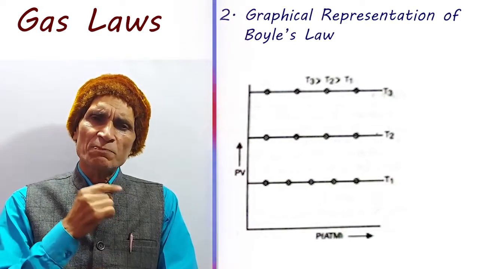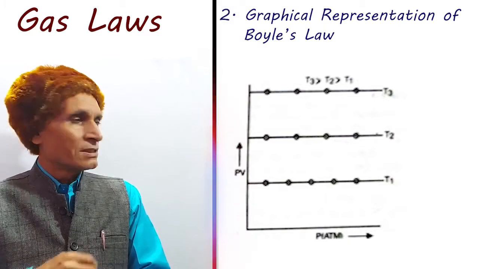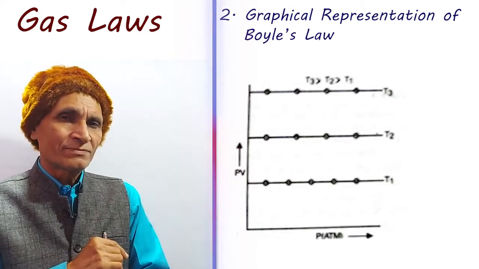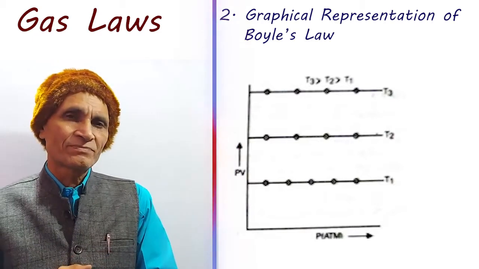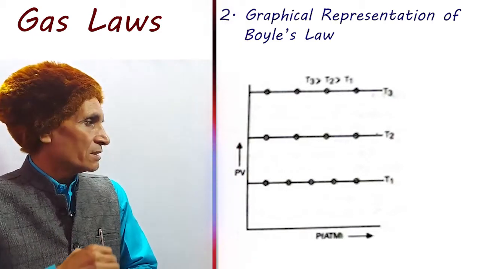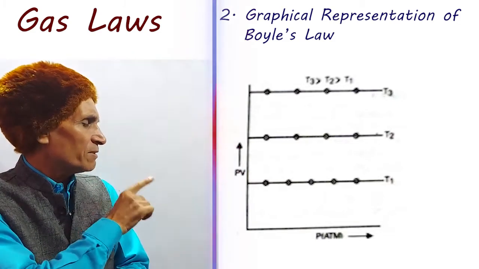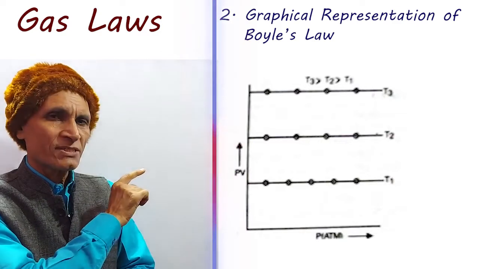This graph also represents that the product of pressure and volume at constant temperature is constant. The product of volume and pressure of a given mass of a dry gas at constant temperature remains constant.